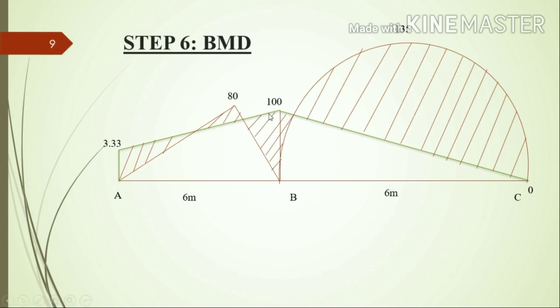The portion above this line will be positive and the portion below will be negative. In the blank portion the net moment will be 0, that is, the positive moment and negative moment will be neutralized. So this is the bending moment diagram.